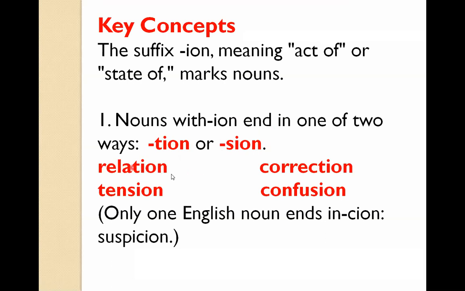TION, like relation and correction, this morpheme is pronounced shan. Words ending in SION, like television and confusion, okay, this is about the pronunciation, how to pronounce each morpheme.